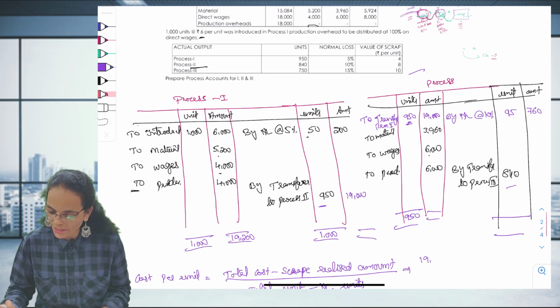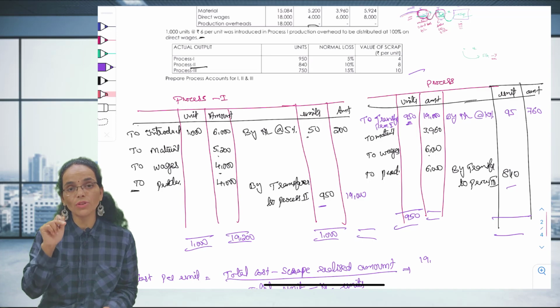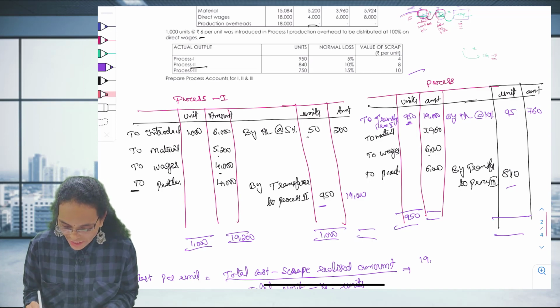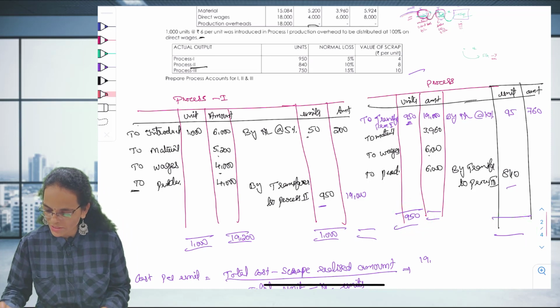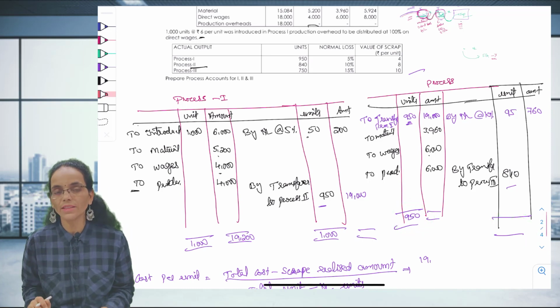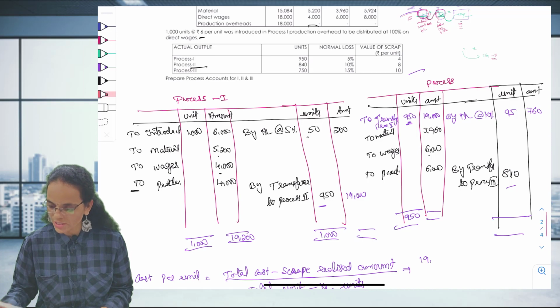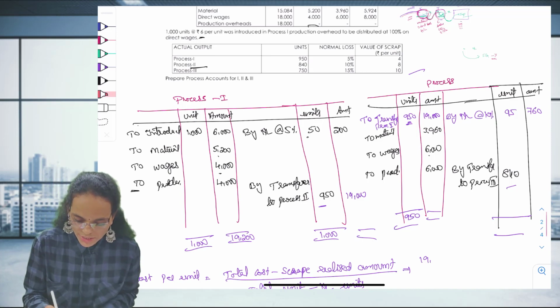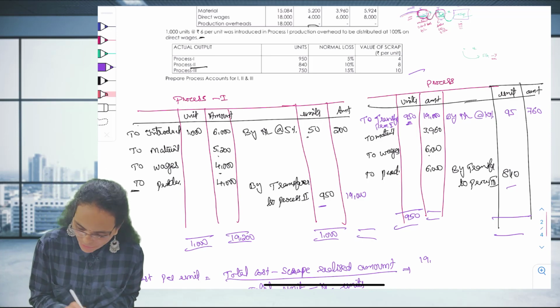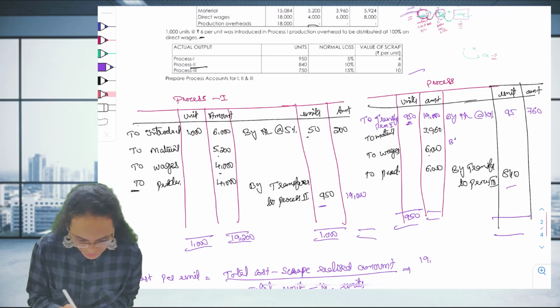But we got only 840 units. In the sense 15 units are abnormal. How am I saying? Here I have 950 units, but if I check 95 plus 840, I am getting only 935. In the sense the deficiency is 15 units. So that is the abnormal loss.